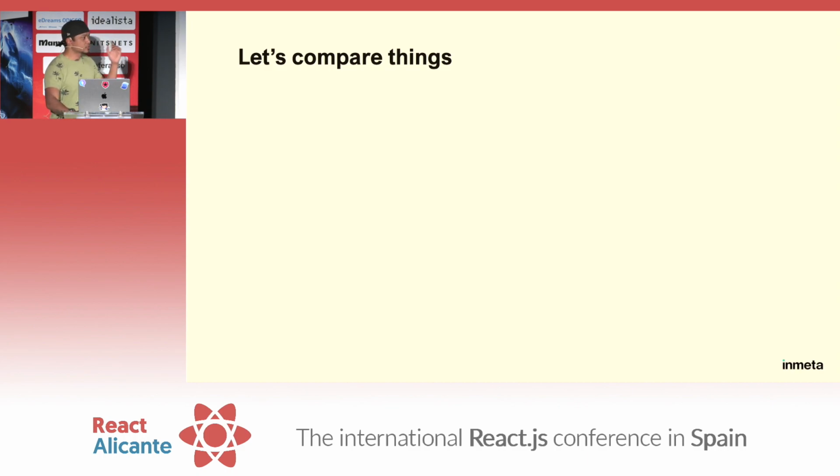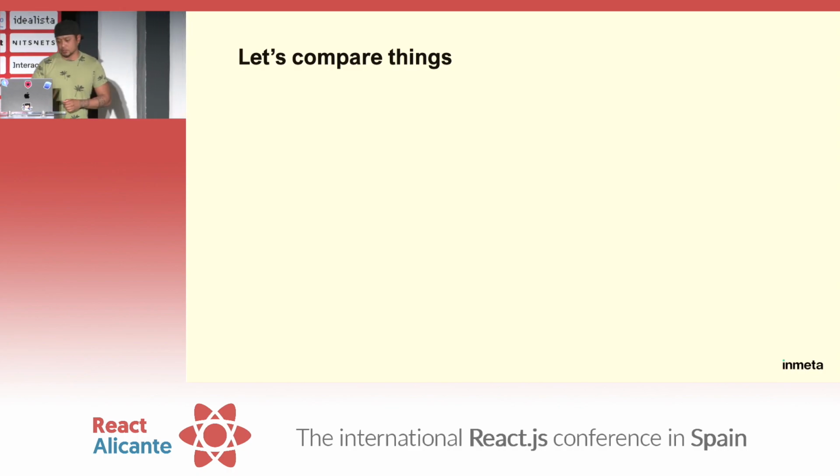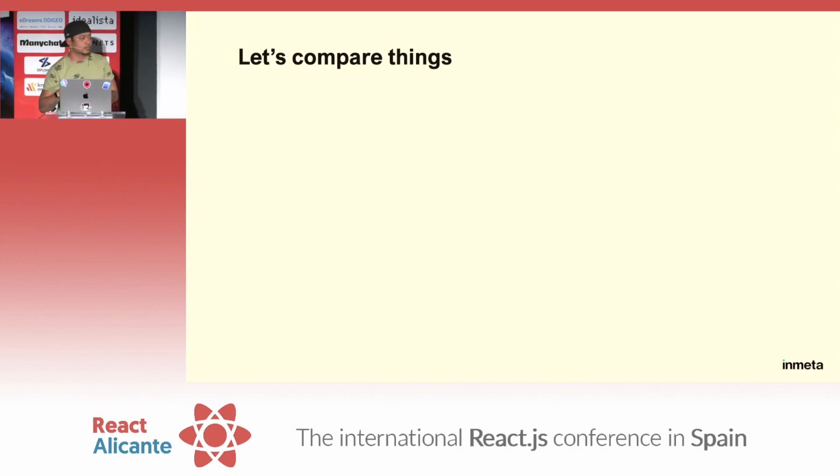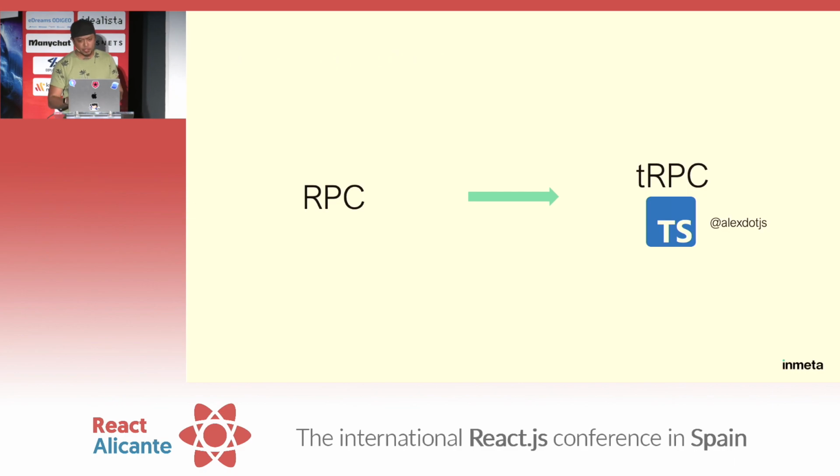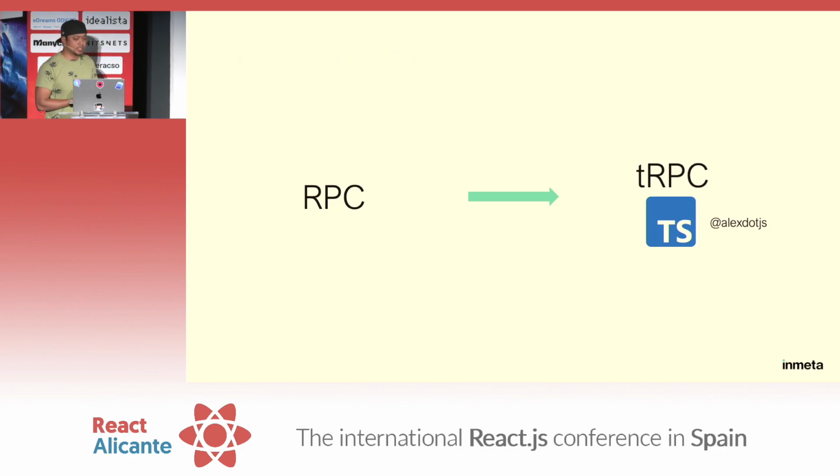Okay, so let's compare RPC to others that you have probably heard of, gRPC or REST or tRPC and other things, GraphQL. But first, tRPC is simply RPC using TypeScript through a robust library.